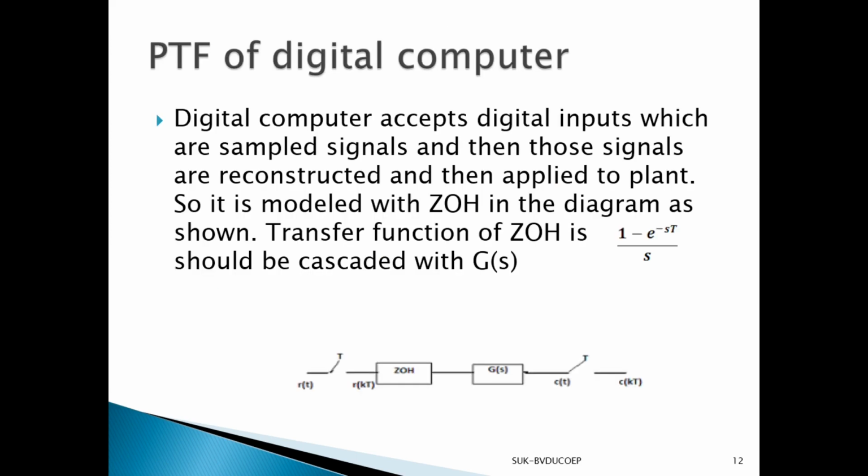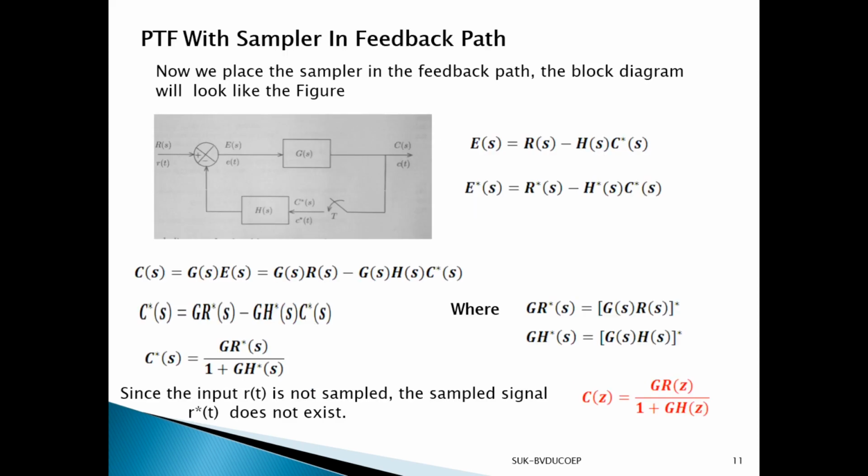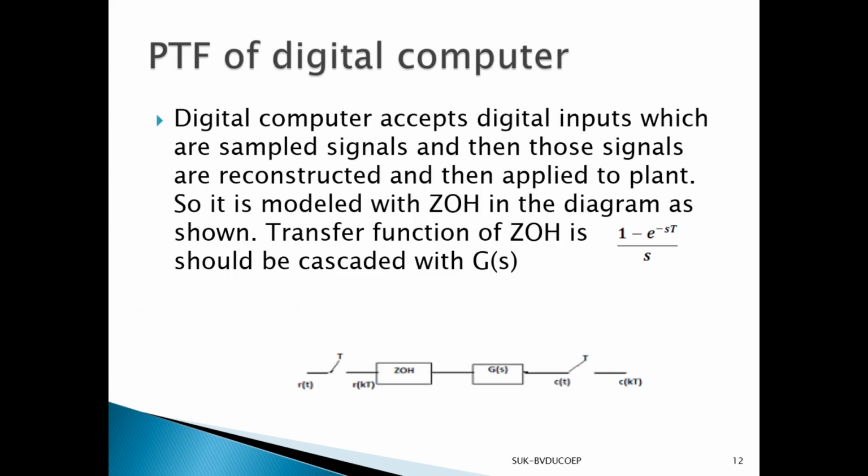Now very important, what we are doing is in the digital computer. So what we have seen, sample and hold circuit comes into the picture. Digital computer accepts digital inputs which are sample signals. And then those signals are reconstructed and then applied to the plant.